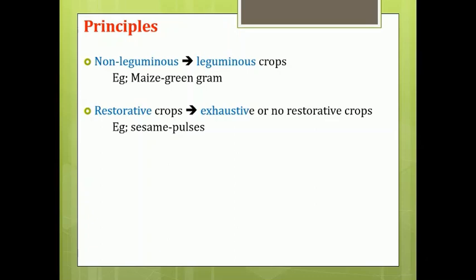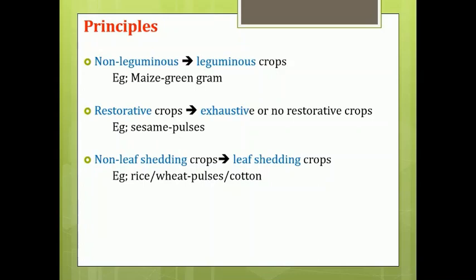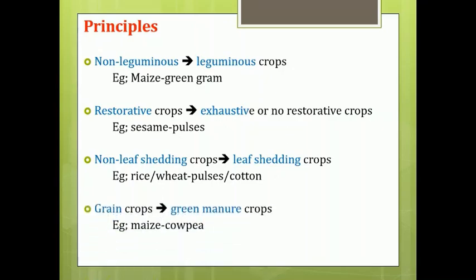Restorative crops should follow exhaustive or non-restorative crops, such as sesame followed by pulses. Non-leaf shedding crops should follow leaf shedding crops, such as rice or wheat followed by pulses or cotton.